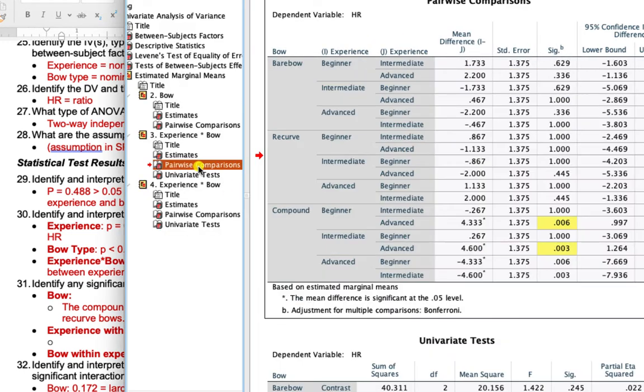For our first set of pairwise comparisons, this is looking at significant differences between experience levels within each bow type. I've highlighted in here the pairs that resulted in values that were less than 0.05. So we can see within the compound bow group, or people who used a compound bow, there were differences between beginners and advanced, and intermediate and advanced.